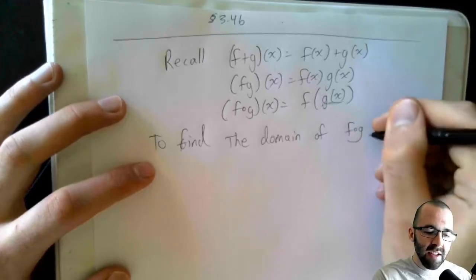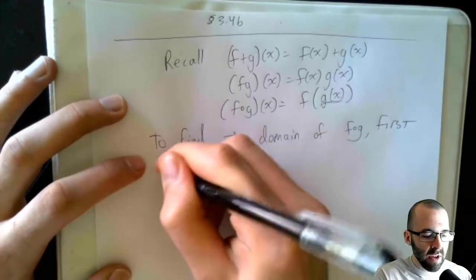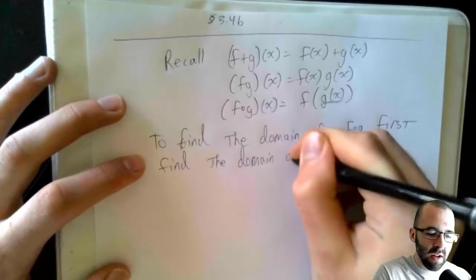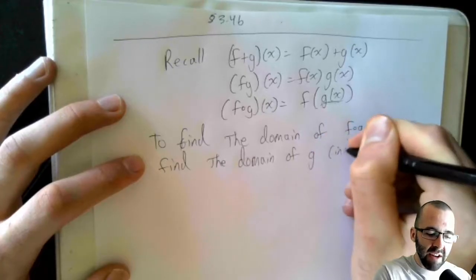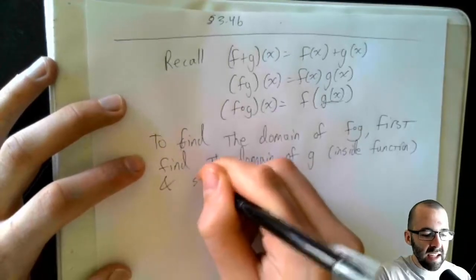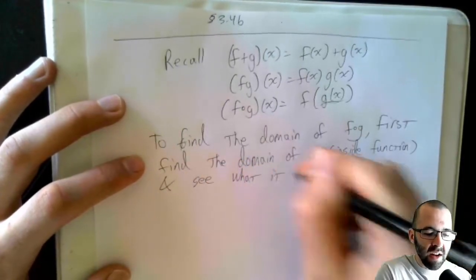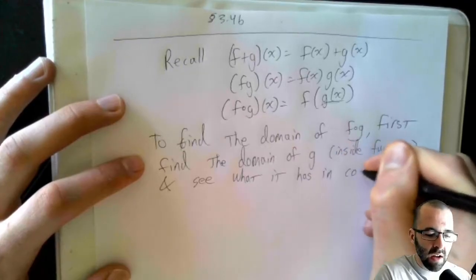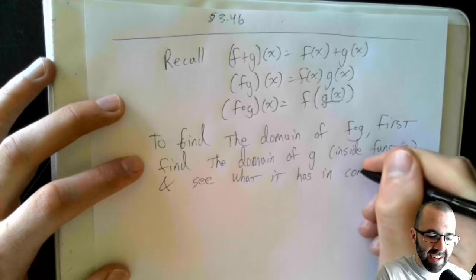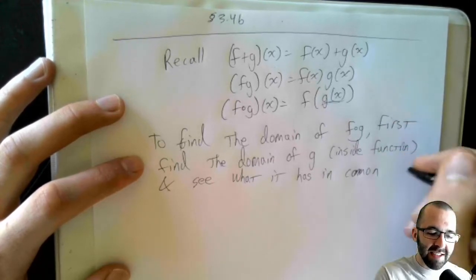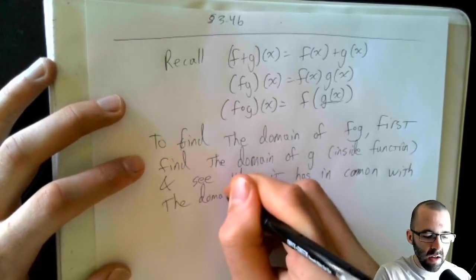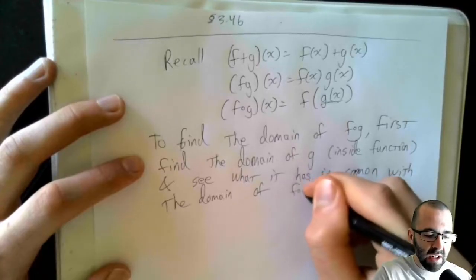To find the domain of f of g, this is kind of complicated. First, find the domain of g, the inside function, and see what it has in common with the domain of f of g.